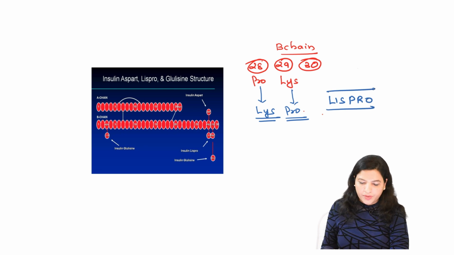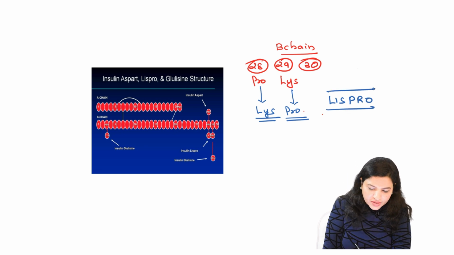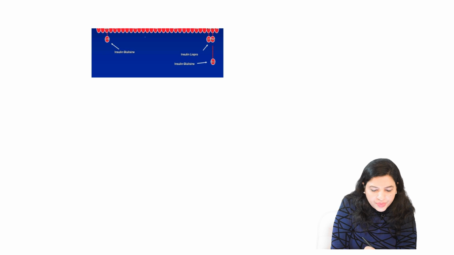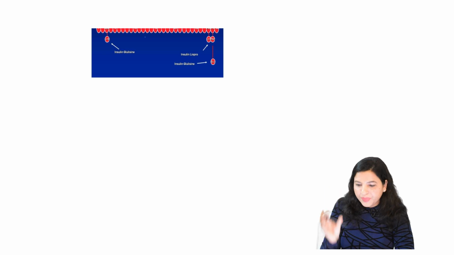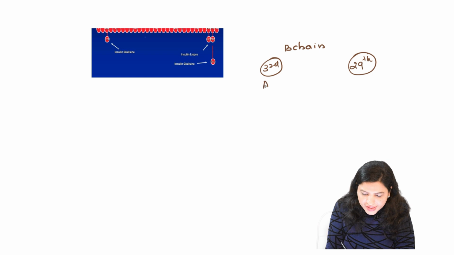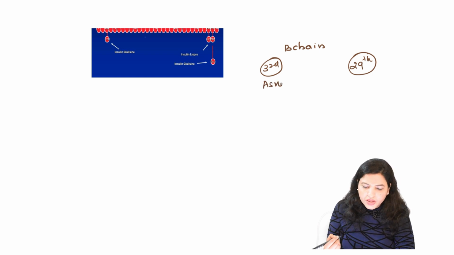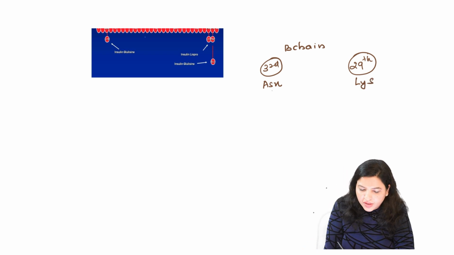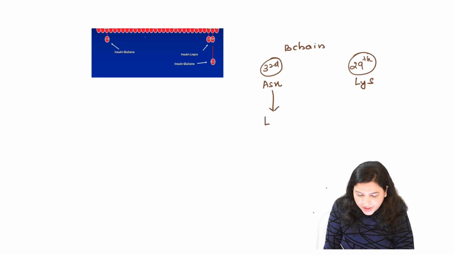Okay, Lispro insulin. Now coming to the next one, glulisine. In glulisine, the amino acid substitution is happening in the B chain itself. Here the 3rd amino acid and the 29th amino acid are changing. The 3rd amino acid is asparagine normally and the 29th amino acid is lysine. This asparagine is replaced by lysine.